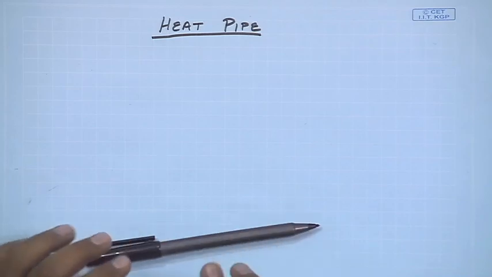If I tell you in a very crude sense, a heat pipe is actually a cylindrical device, or it can be a flattened cylindrical device also, or flattened circular cross section I mean, which is an extremely good conductor of heat. It has an extremely high effective thermal conductivity along its axial direction.